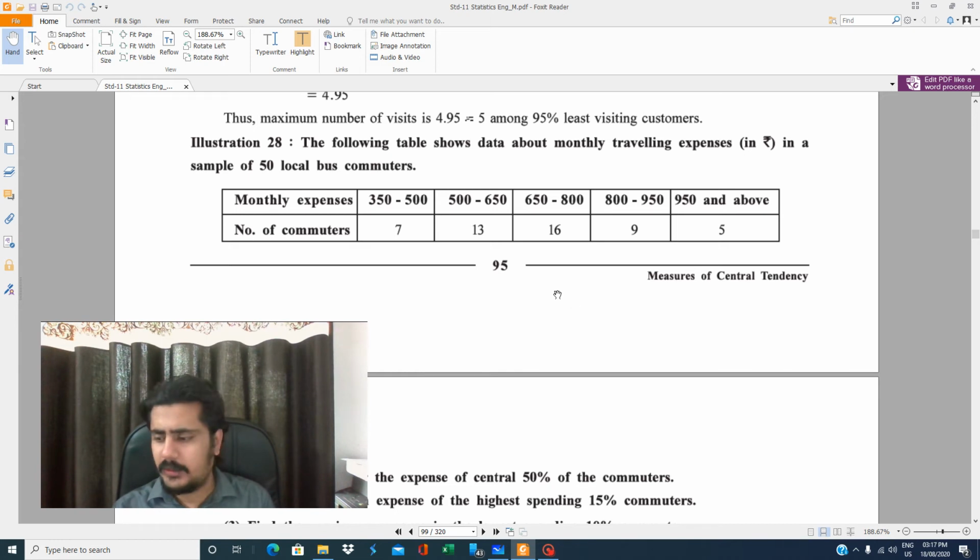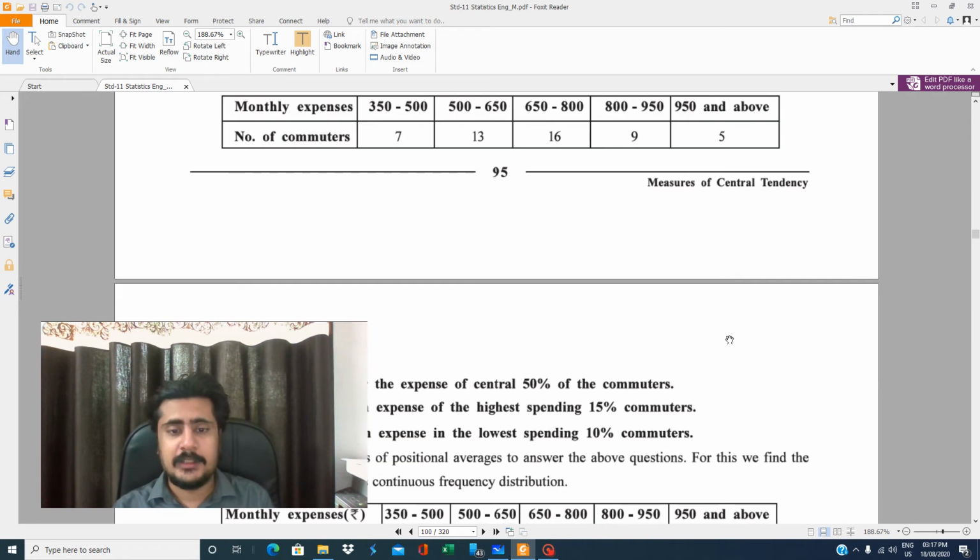Commuters means passengers. You are asked to find limits for the expense of central 50% of commuters, find the minimum expense of the highest spending 15% commuters, and find the maximum expense of the lowest spending 10% commuters. These kinds of questions we have not done till now.